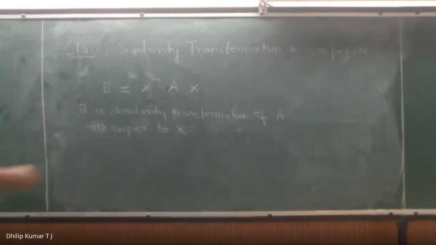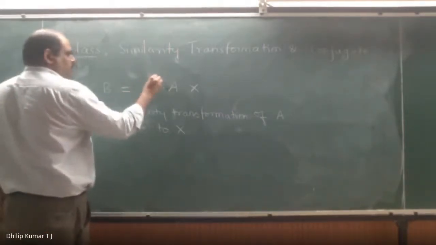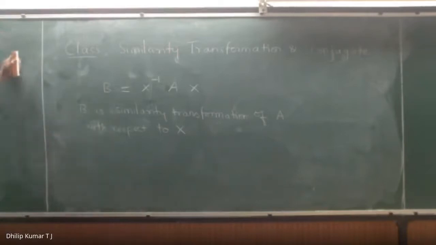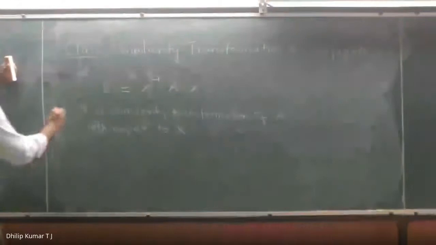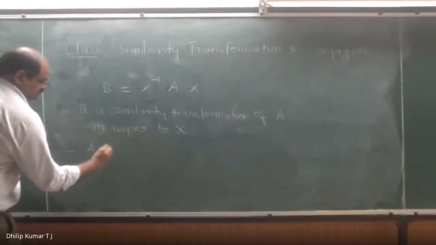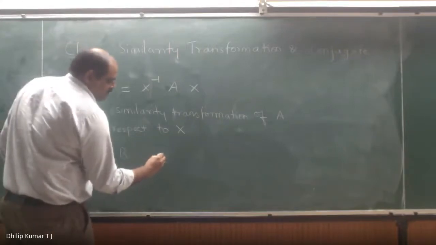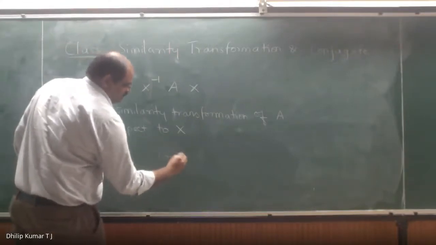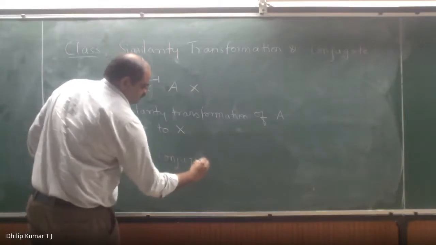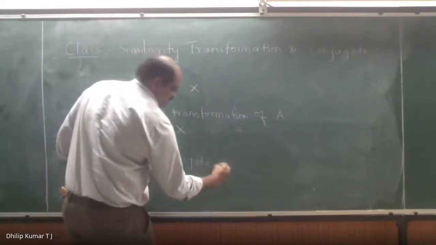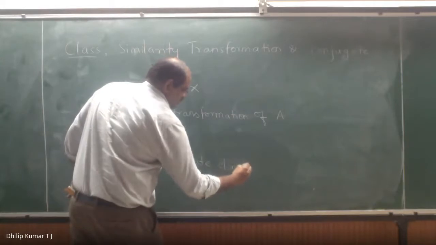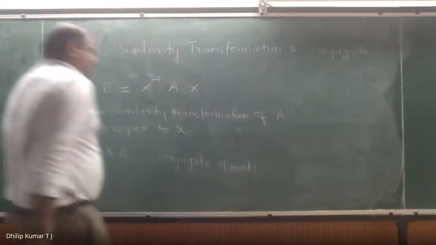Okay, so if we perform this operation and we get this result, then we call B a similarity transformation of A with respect to X, and A and B are called conjugate elements.